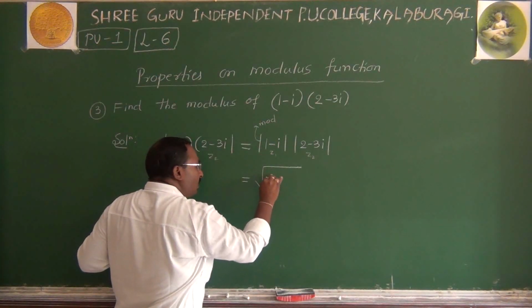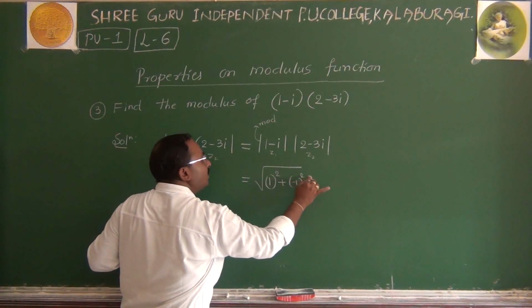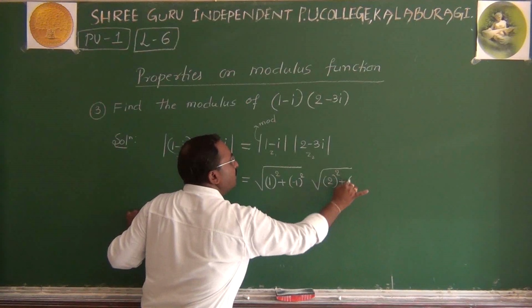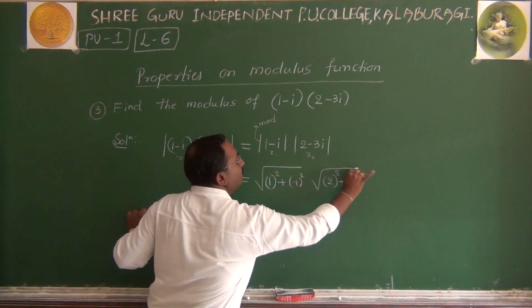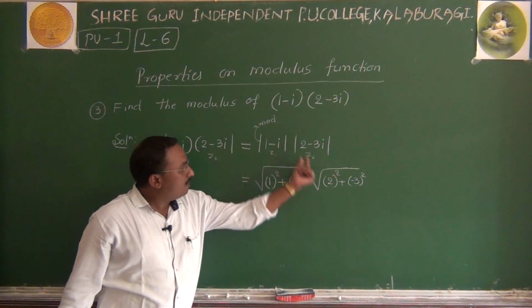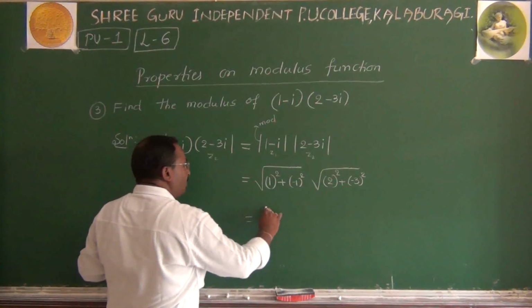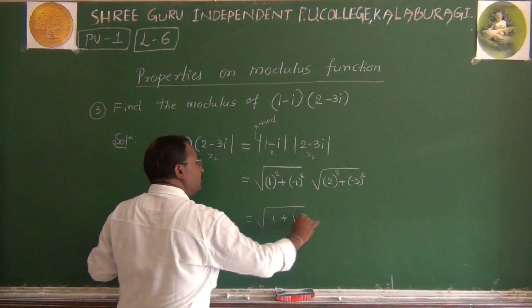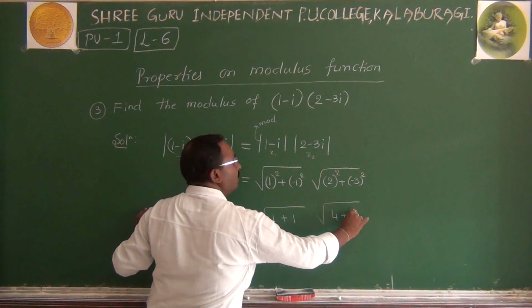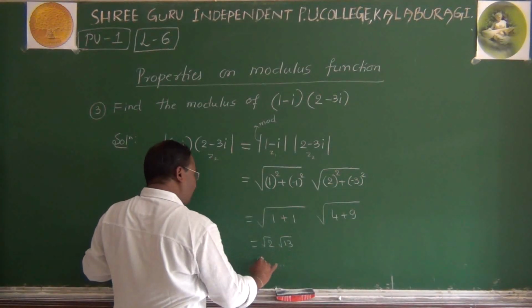Here real part is 1, 1 square, imaginary part is minus 1, minus 1 square. Here real part is 2, 2 square, imaginary part is minus 3, minus 3 square. That is 1 square is 1, 2 square is 4, 3 square is 9. This is equal to root 2 into root 13.